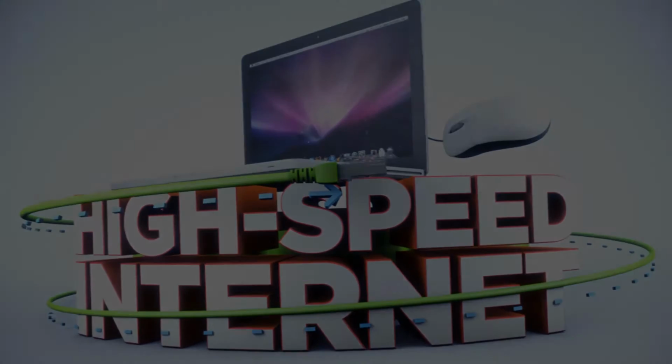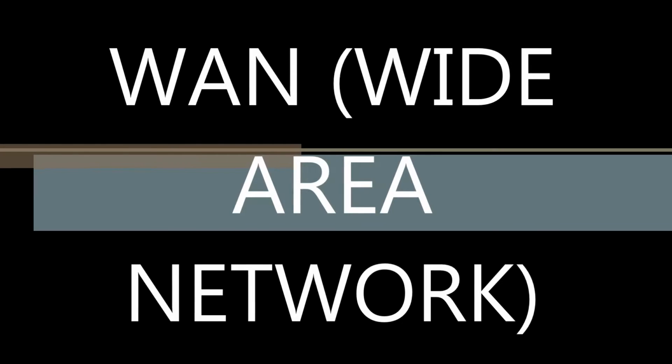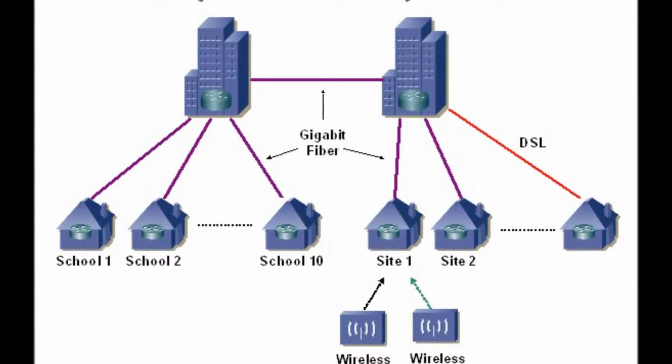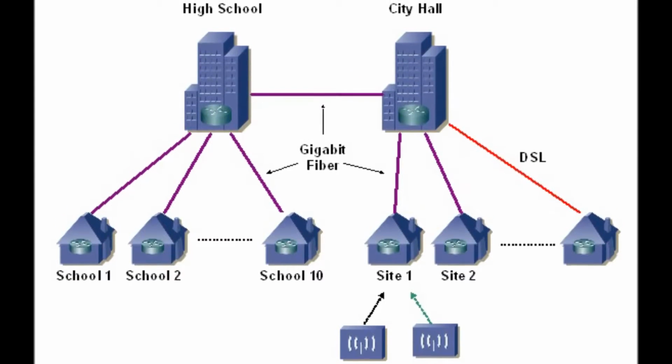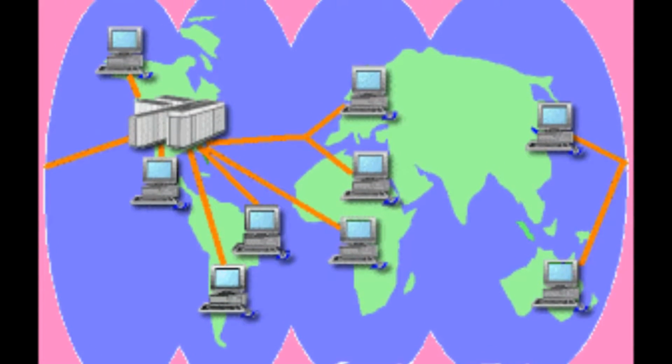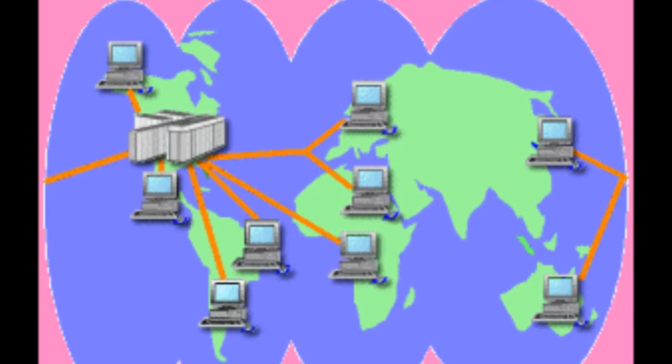The third type of network is wide area network, also abbreviated as WAN. A wide area network is a telecommunications network or computer network that extends over a large geographical distance. Wide area networks often are established with leased telecommunication circuits.